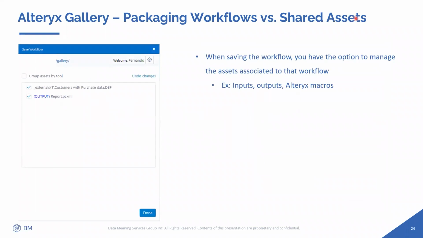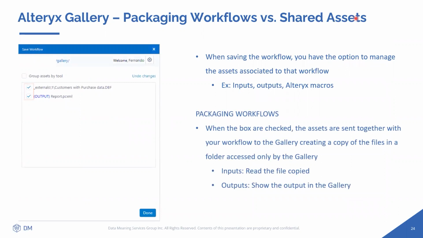So the first option there is related to packaging workflows. When you are saving your workflow, you have assets associated with that. So you can have inputs, outputs, Alteryx macros. You can have data connections as well, aliases. But let's keep it simple and think about inputs, outputs, and macros.